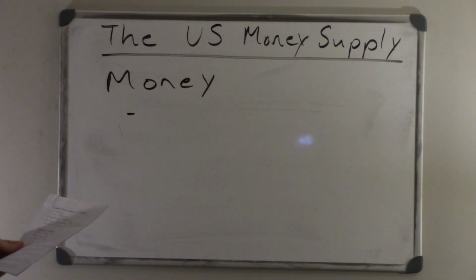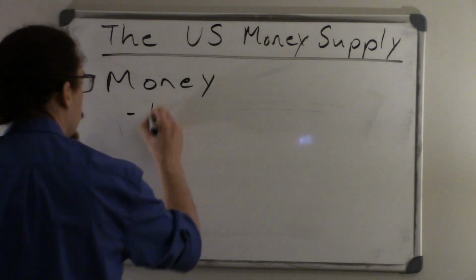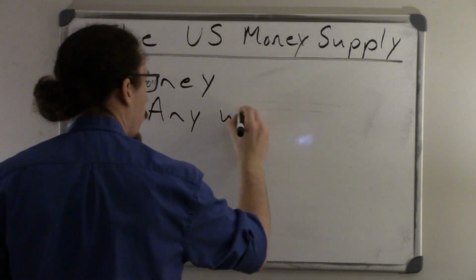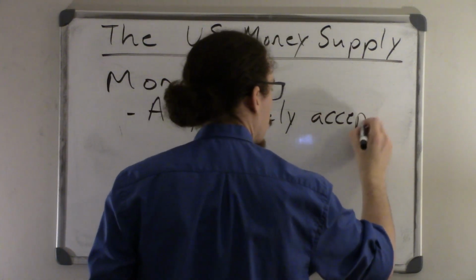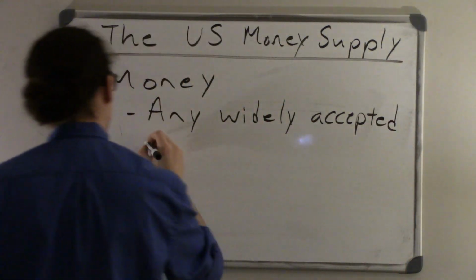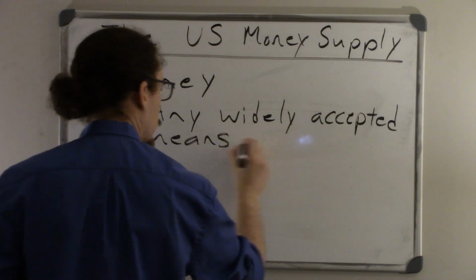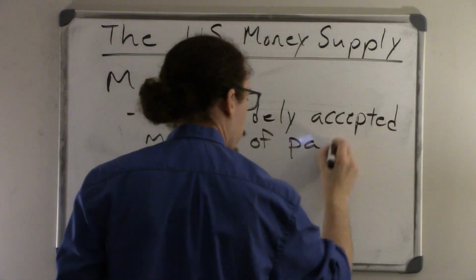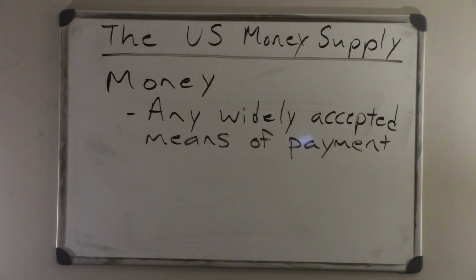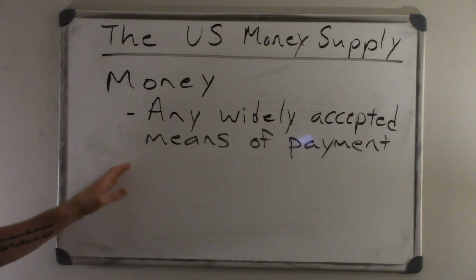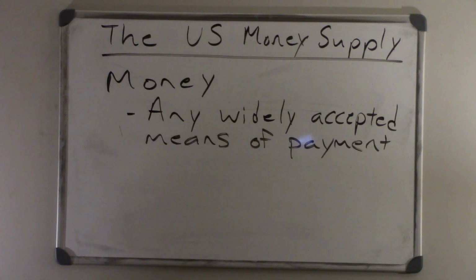All right, so money is any widely accepted means of payment. Pretty broad definition there.